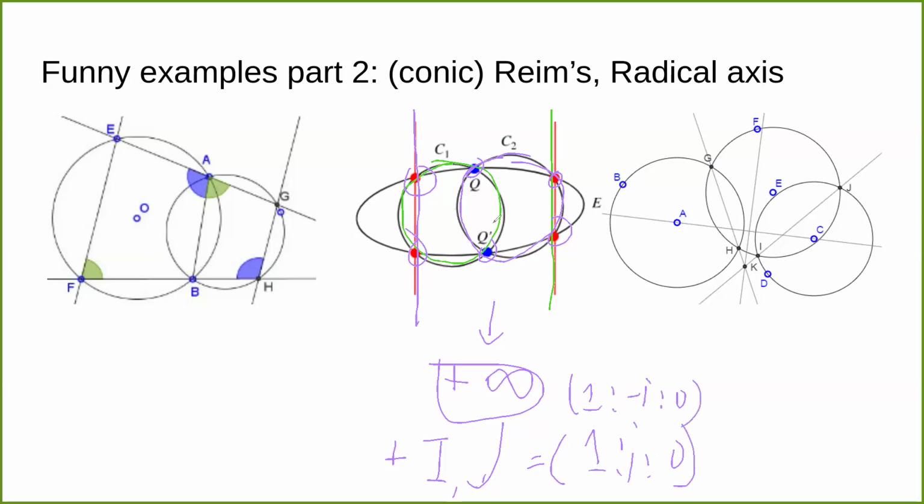Since these two are circles, that means through these 1, 2, 3, 4, 5, 6, 7, 8, 9 points, there's going to be a conic and a line. What line goes through all of these points? It might not be obvious.